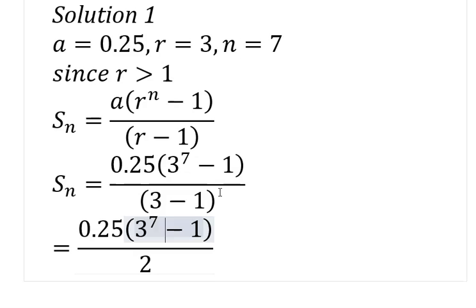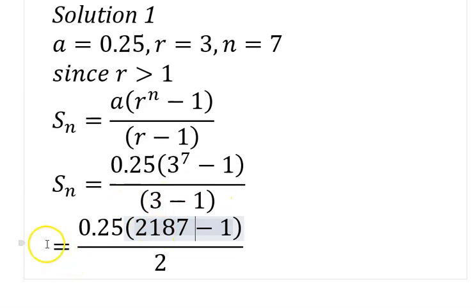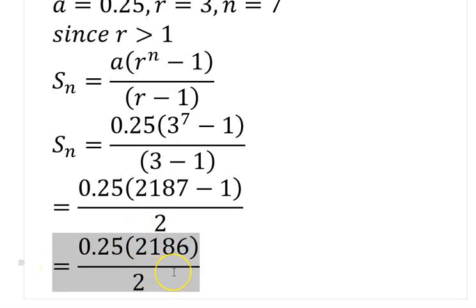So 3 raised to power 7 will give us 2187. Awesome. So what we just need to do is subtract this from 1. It will give us 2186. Beautiful.